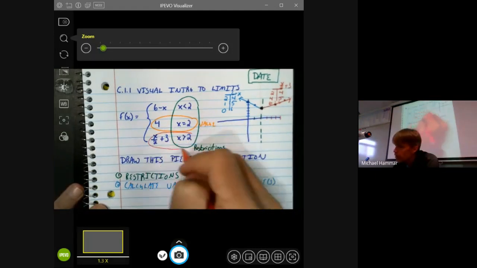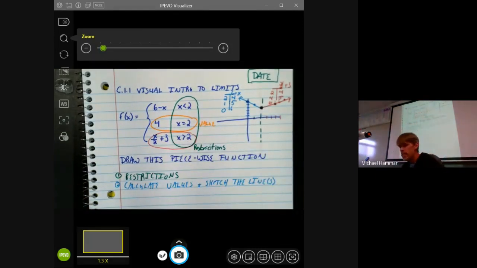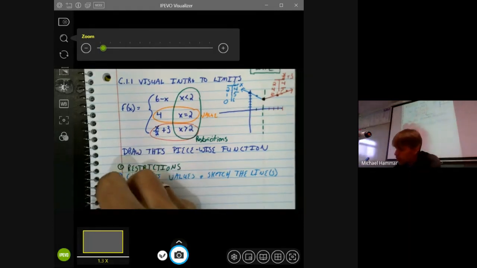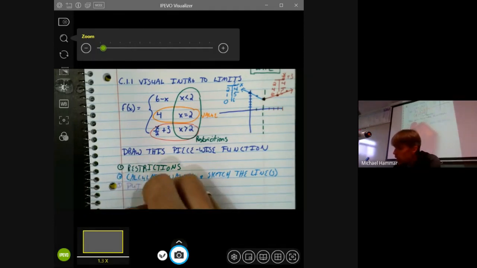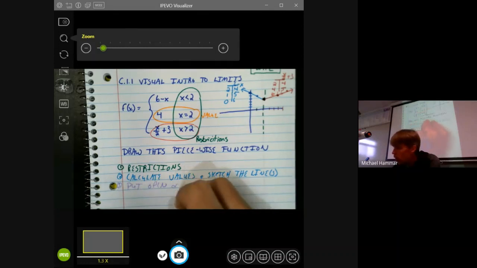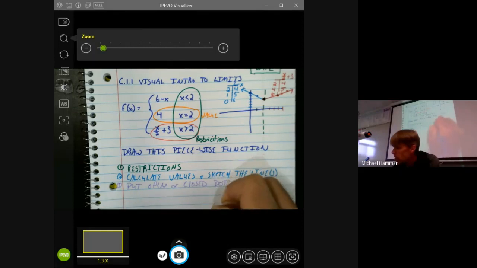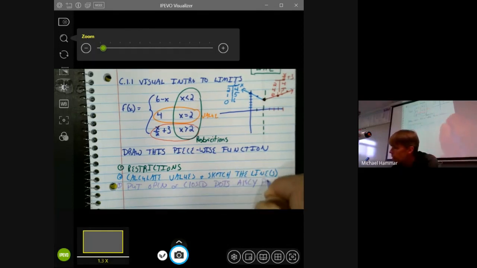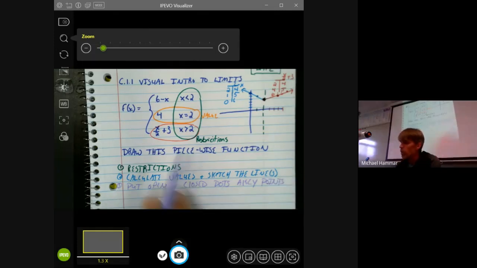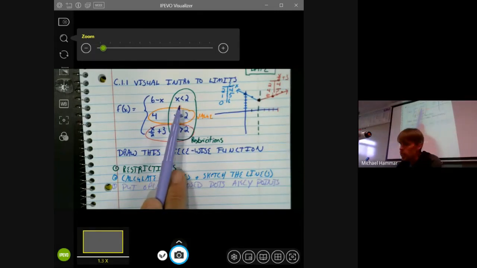So what I do have to finally check out, though, is in the end, you do have to check and make sure that your dots are correct. So the last thing you need to do is put open or closed dots at key points. So notice here, if we look at this first one, it's x is less than 2.